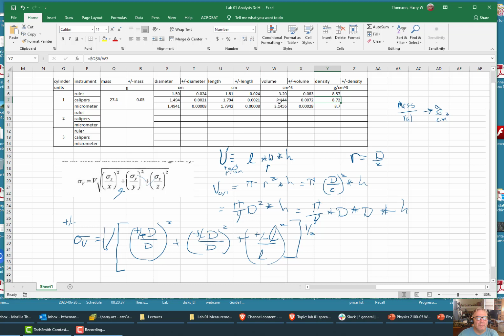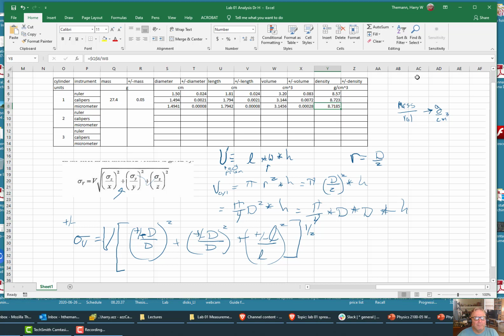Oh, wait a minute. This one has 1, 2, 3. Yeah, 4. And this one has 5. All right. Now, just to show you, see, Q6 over W6, Q6 over W7, because different volume, but we only have one mass measurement. All right. So far, so good.